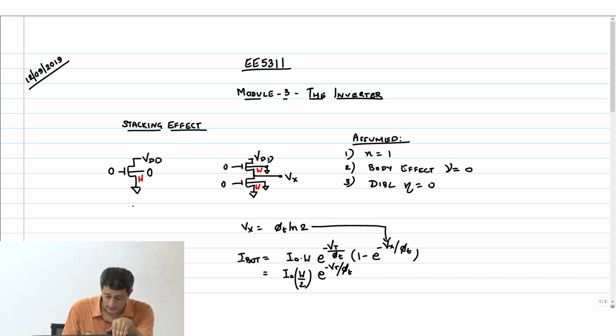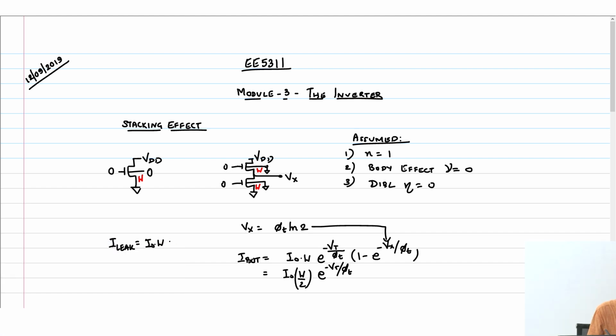And if you look at the leakage current through this transistor, I leak, it is basically I naught into W, right, e power minus Vt by phi t, right? Assuming that VDD is much larger than phi t, you can neglect that term, right?